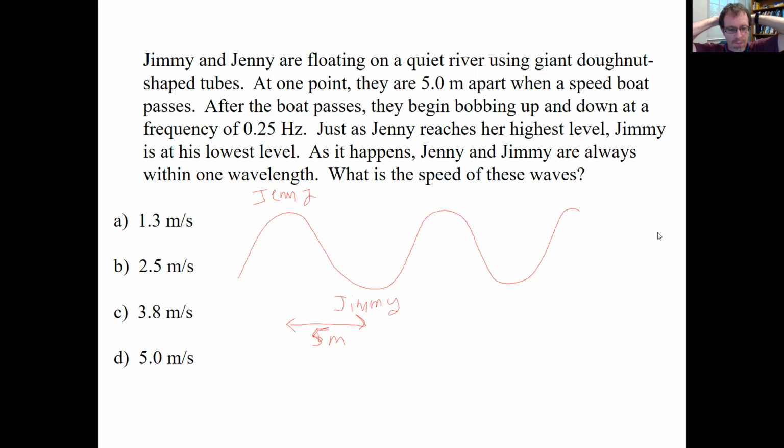Well, let's see. If I were to look at that 5 meters and think about how much of a full wave cycle is present there, I might notice that it's just half of a wave cycle. Let me explicitly draw in here a full wave cycle. One way we can identify a full wave cycle is by going crest to crest. So that is my full lambda there.